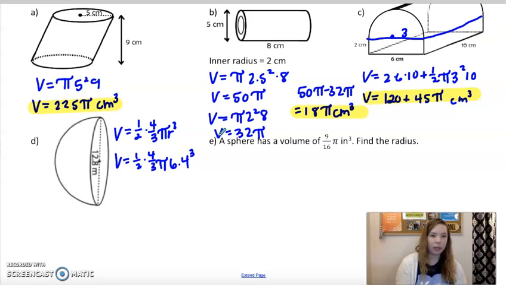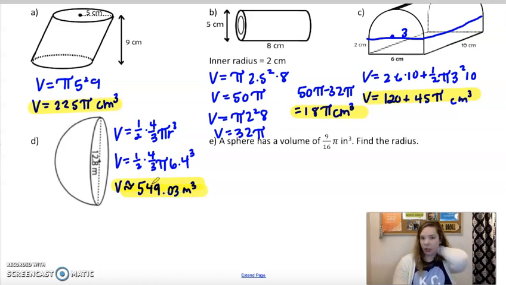And we'll go ahead and do rounded form since our radius was a decimal. So our rounded form would be 549.03 cubic meters. So we like to do exact form when we can. With decimals, it makes it a lot harder, so we'll do rounded form there.